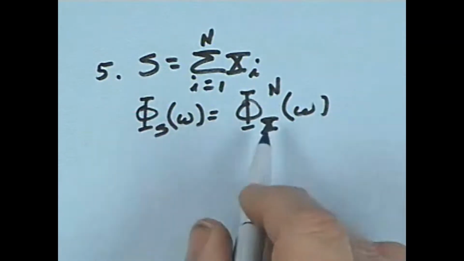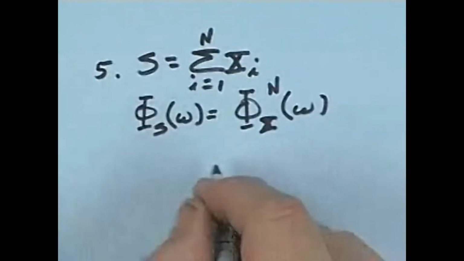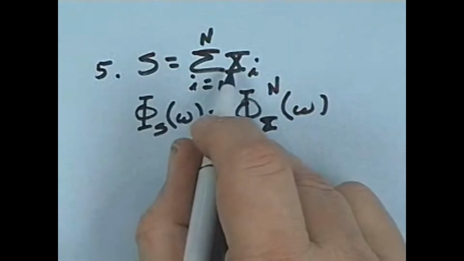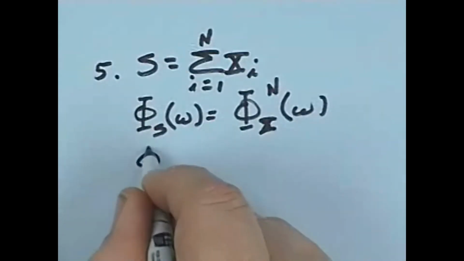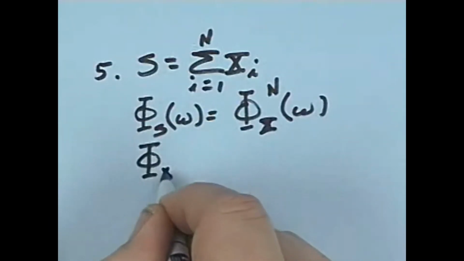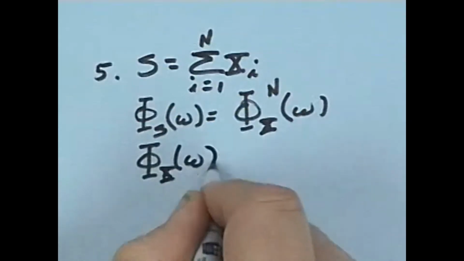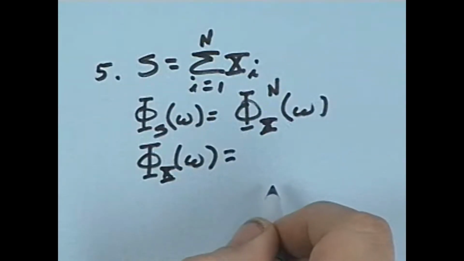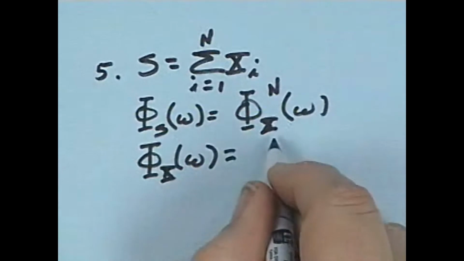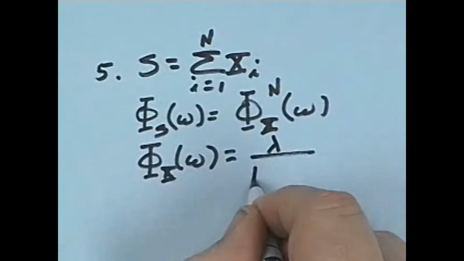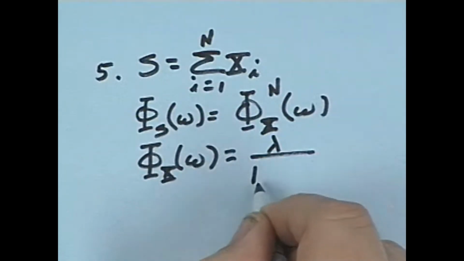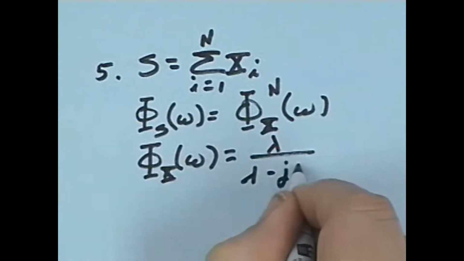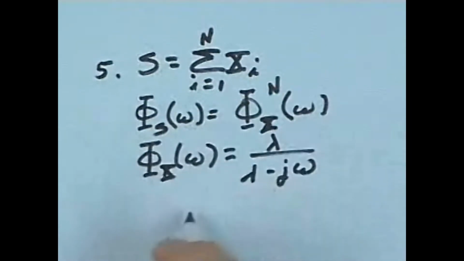Now the only thing you have to figure out is what the characteristic function is for this random variable. I would not have you memorize, well, for the exponential you should be able to figure it out. But it's equal to lambda over lambda minus j omega is the characteristic function for x.